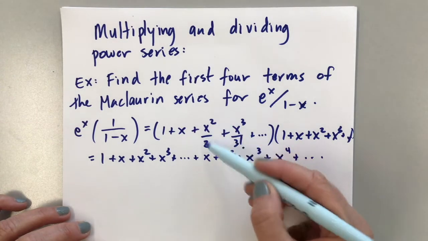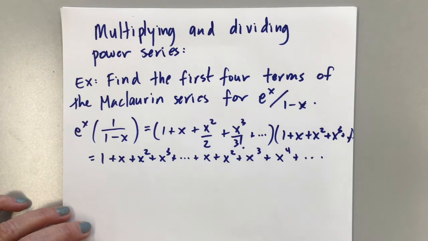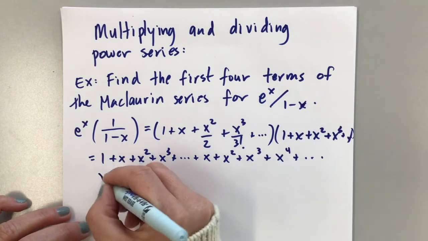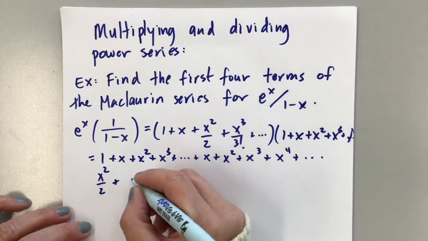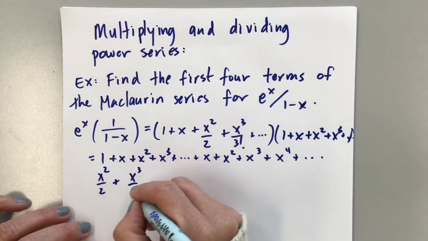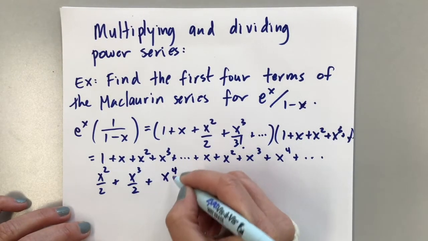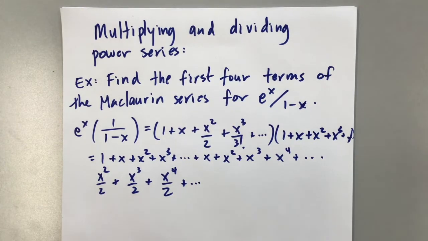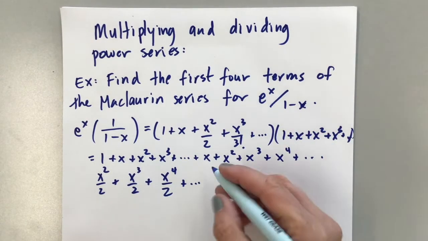And then I'm going to go with the x squared over 2 and distribute it. So we have x squared over 2 times 1, x squared over 2 times x, times x squared, etc., etc. Okay, and now finally we will take the x cubed over 3 factorial and distribute it out.